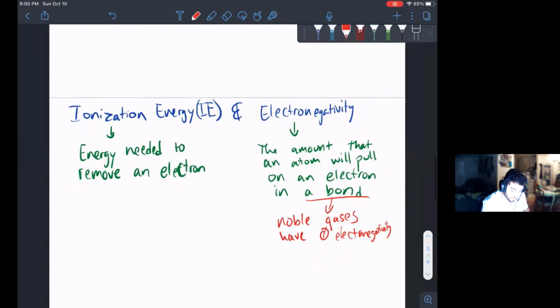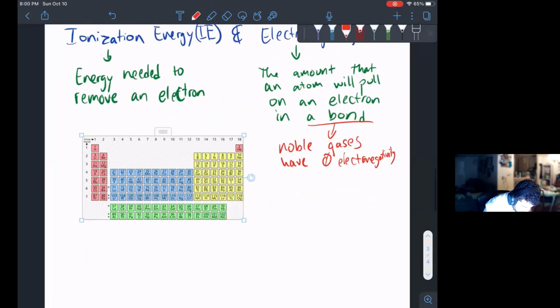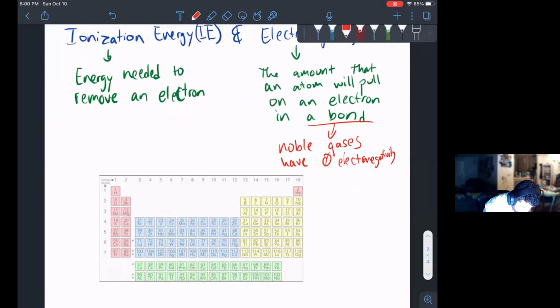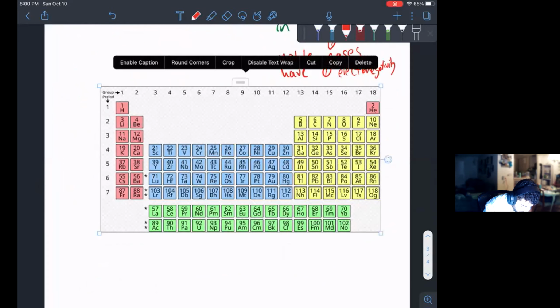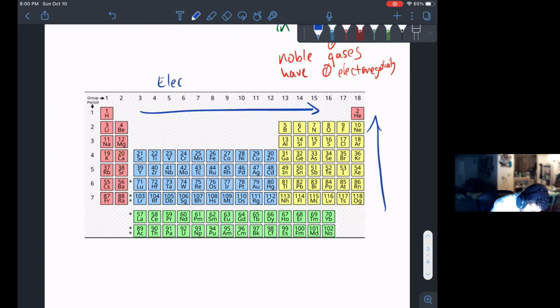So with that in mind, we're going to go ahead and look at our periodic table one more time. As we look at our periodic table, we can notice a couple things. First, just a general trend is that as we move this way and as we move up, both electronegativity and ionization energy increase.